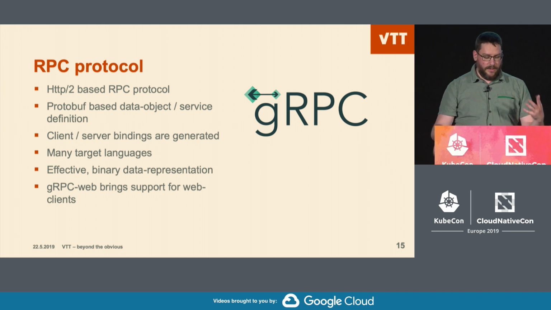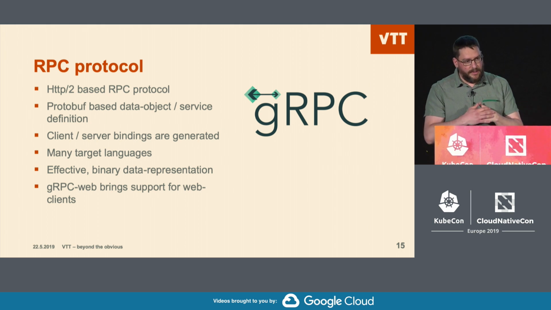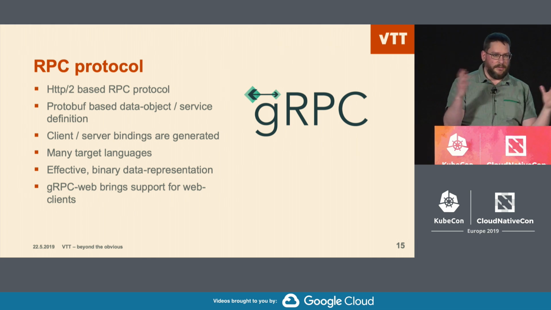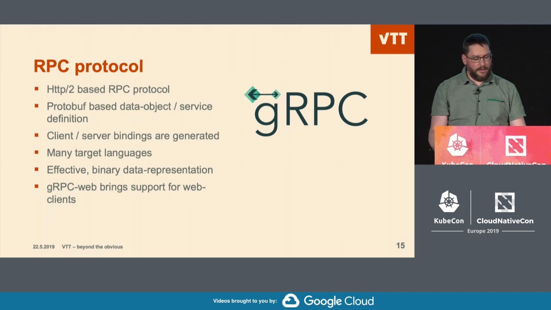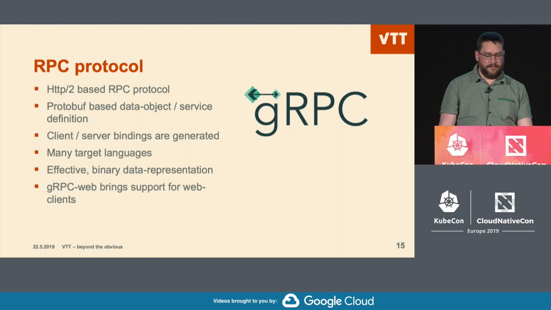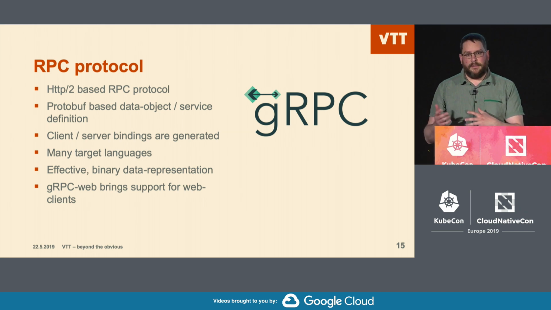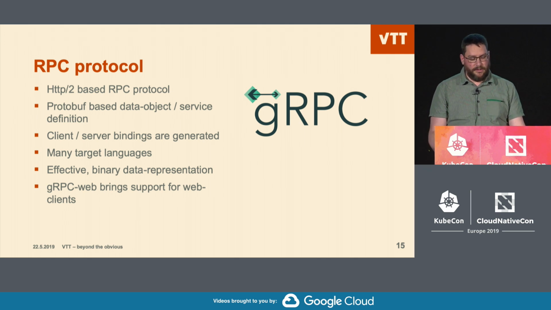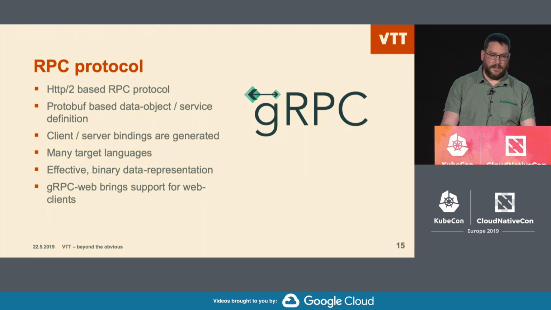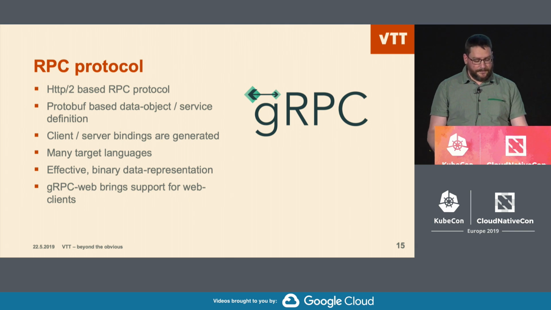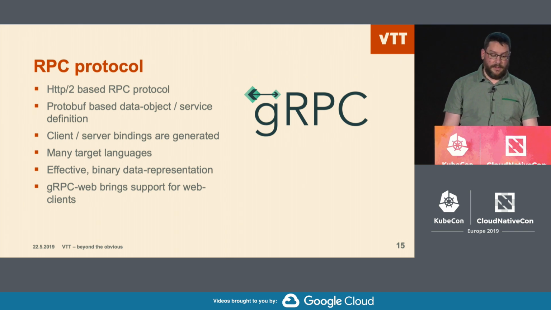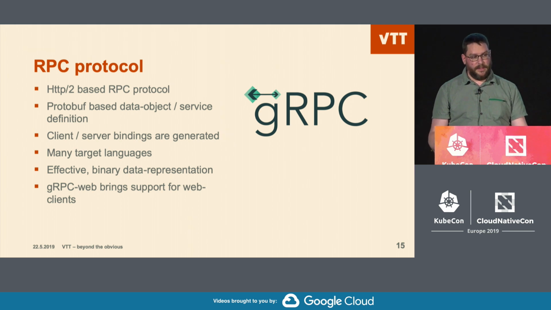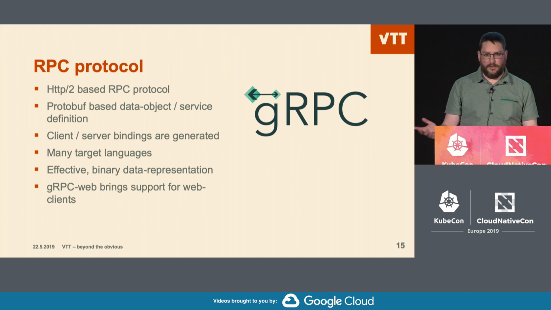So you can define in this protobuf file what kind of data will move through the wire and what kind of services you want to have. And then both the server bindings and the client bindings are automatically generated from this definition. This is a protocol that originates from Google, and it supports a lot of target languages. The most important for us are Java and Python and Node.js.